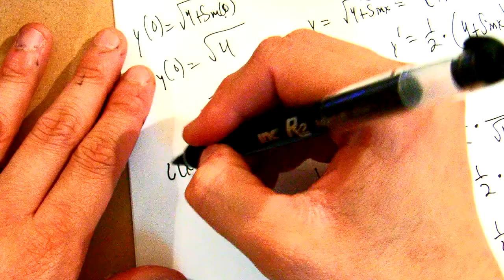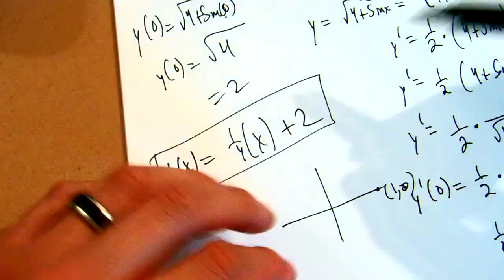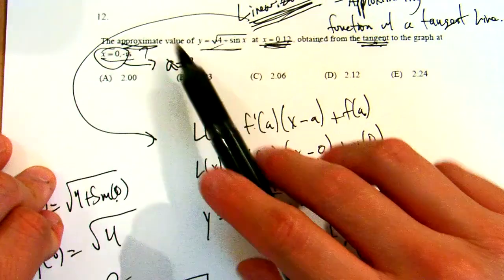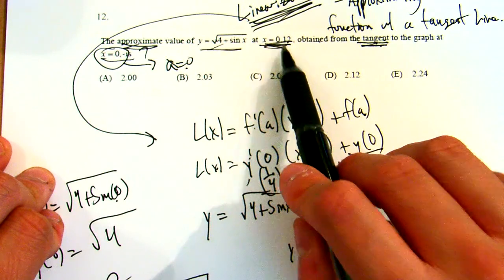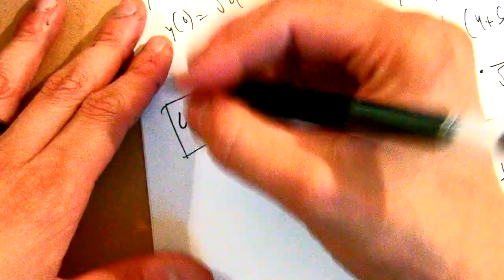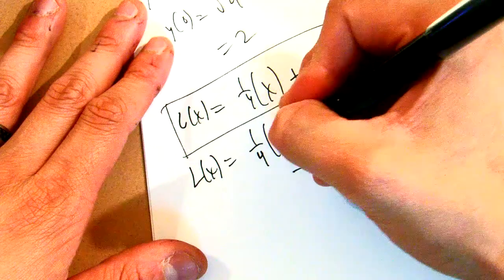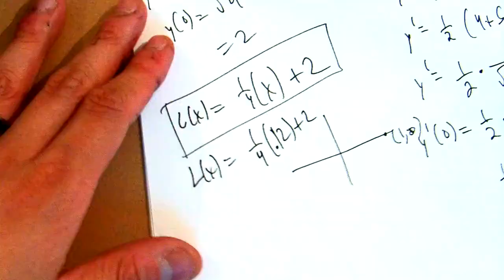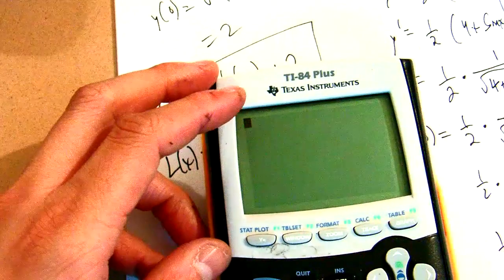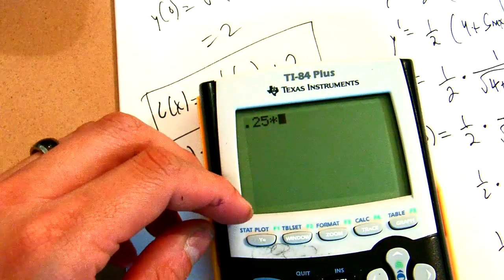And this is my equation. Now notice, I have to use this to find this value when x was 0.12. So it's going to be 1/4 times 0.12 plus 2. And I'll gladly use my calculator. So 1/4 is 0.25 times, what was it, 1.2?